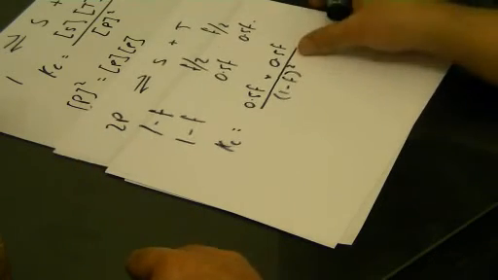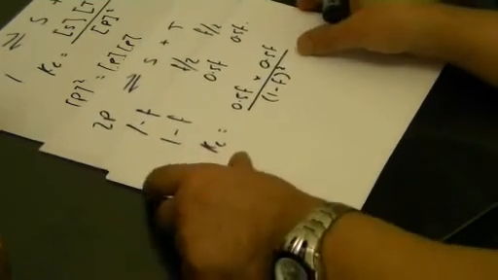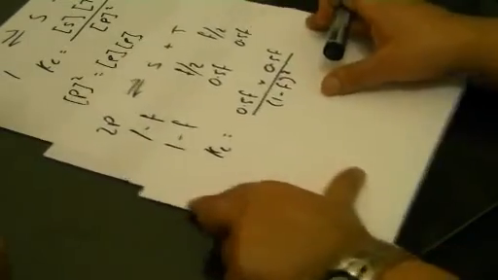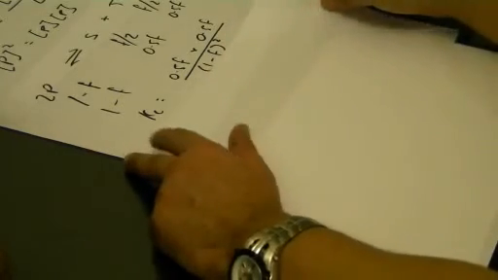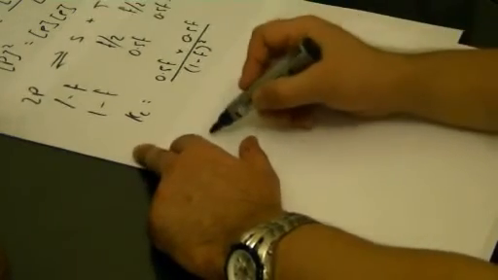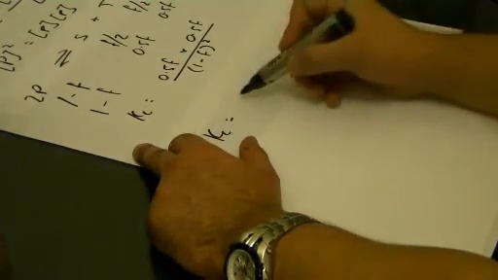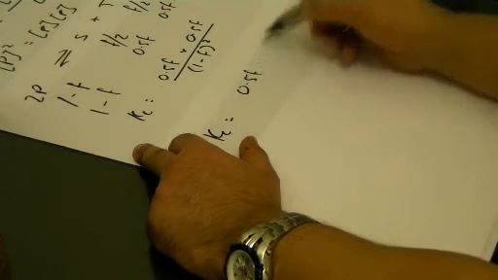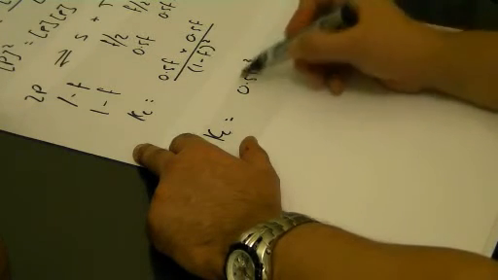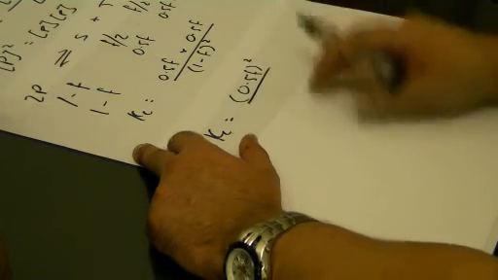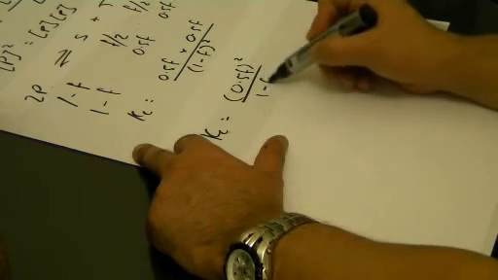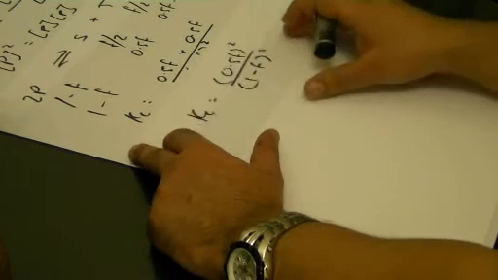Alright, if I look at that, I see something. 0.5f and 0.5f would be multiplied together, so I could rewrite it in a simpler form. Kc is equal to 0.5f squared over 1 minus f squared.